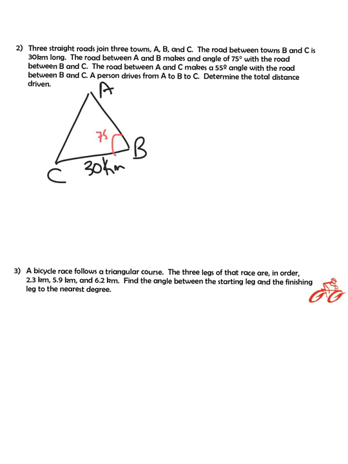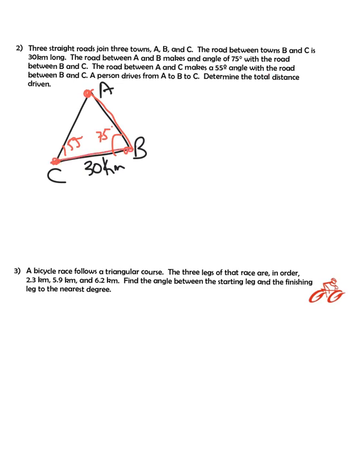So an angle of 75. And the road between AC makes a 55 with BC. So that's in here, 55. Okay, then we have a person drives from A to B to C.